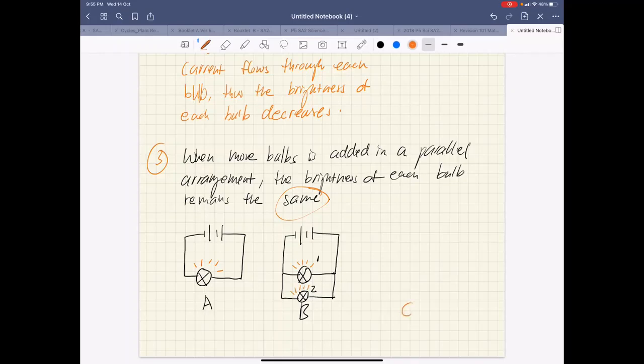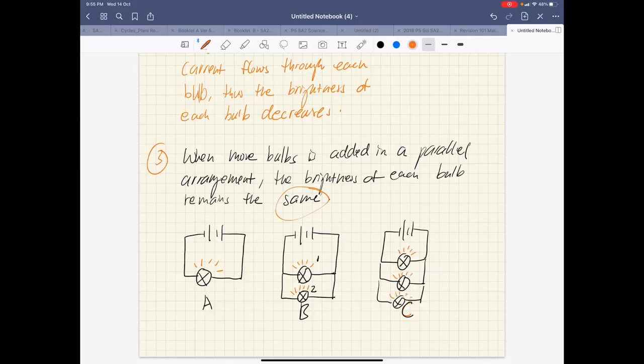Now, if I'm going to do a third one, C, same thing. I always start off with a series, and then I add on another bulb that is parallel to the first one, and then the third one. Because when it was a series arrangement, there is 5 rays, the second one should be 5 rays, so should the last one, also 5 rays.